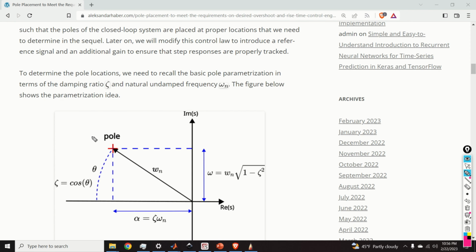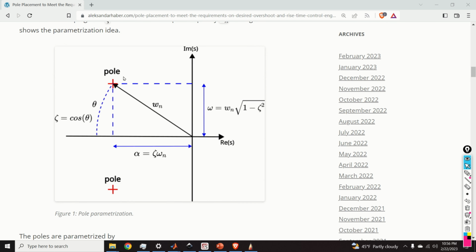To determine the pole locations, we need to somehow parameterize the system poles. Usually, the system poles are parameterized by using the damping ratio zeta and the natural undamped frequency omega n. This figure over here shows this parameterization. We basically have complex conjugate poles.